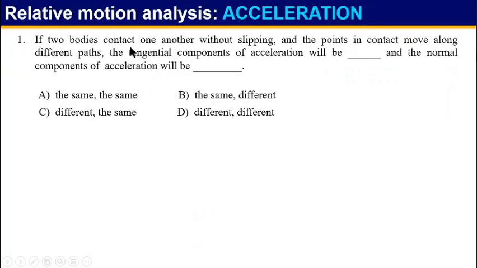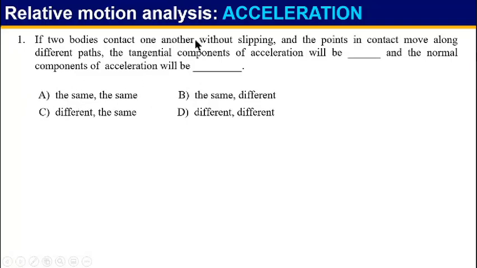If two bodies contact one another without slipping, and the points in contact move along different paths, the tangential components of acceleration will be what, and the normal components of acceleration will be what?